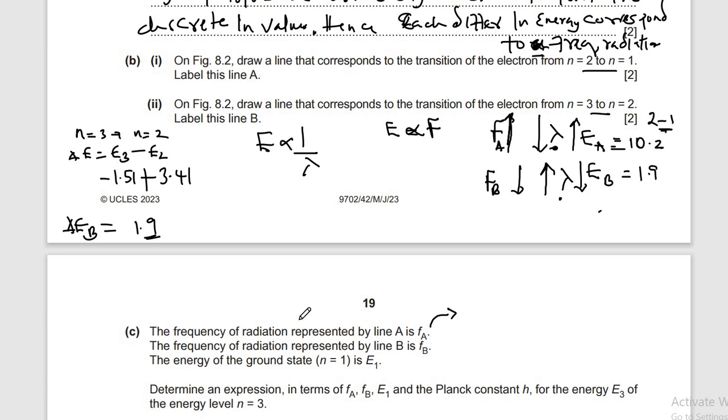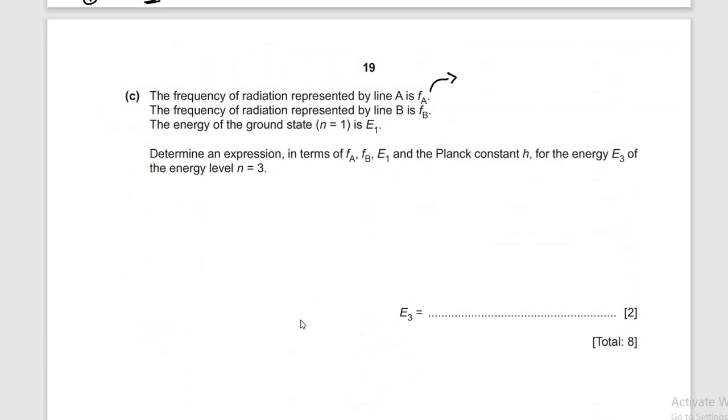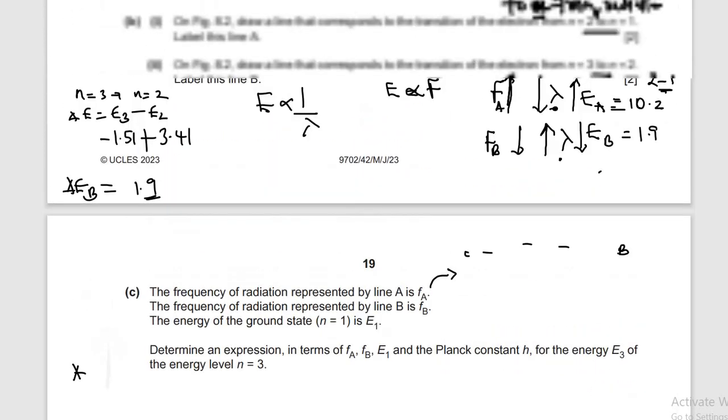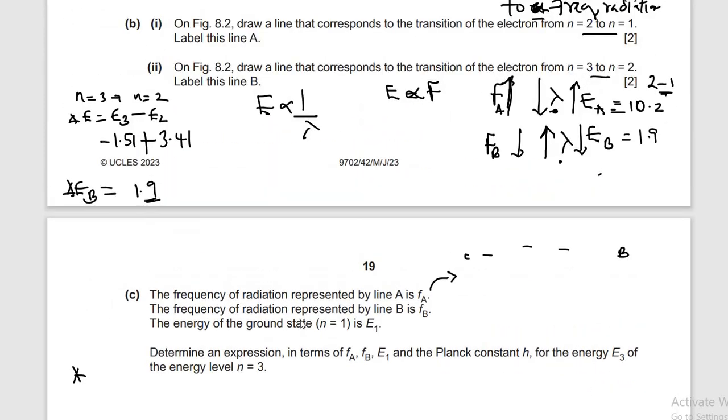No, B is 3 to 2, A is 2 to 1. Let me check the transition properly. A is 2 to 1.